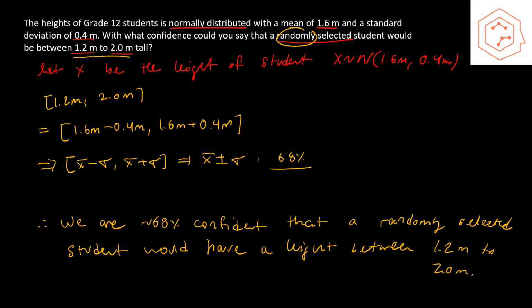And that's essentially the same thing as saying that the probability that our random variable is greater than or equal to 1.2 meters and less than or equal to 2.0 meters is equal to 0.68.